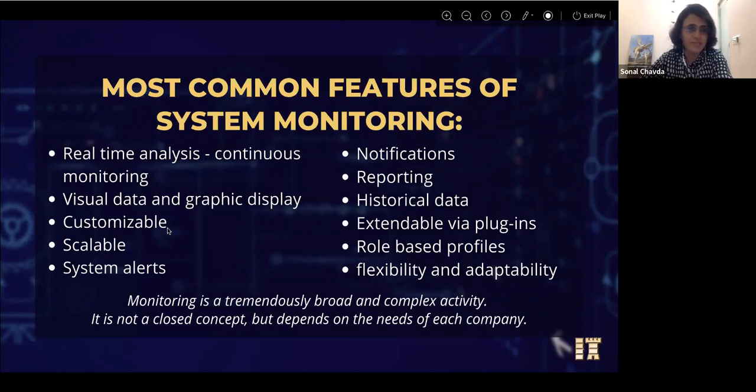Moreover, your tool should be customizable, because monitoring differs a lot from business to business. It has to be customizable and scalable. Today you have your business with a certain number of hosts in your infrastructure, but the same tool should be usable when your business has expanded as well.